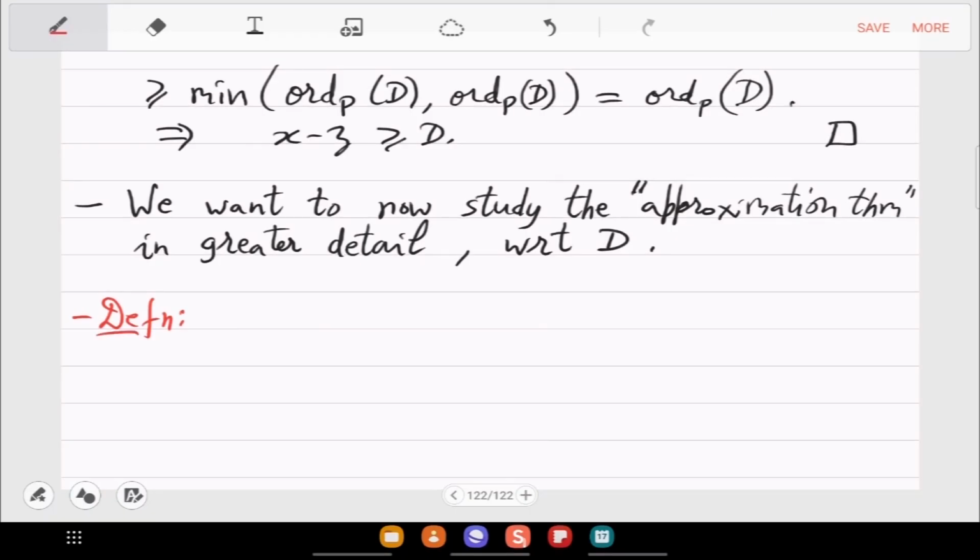And to do this properly, we will define probably the most important object till now, which is this LD sheaf.